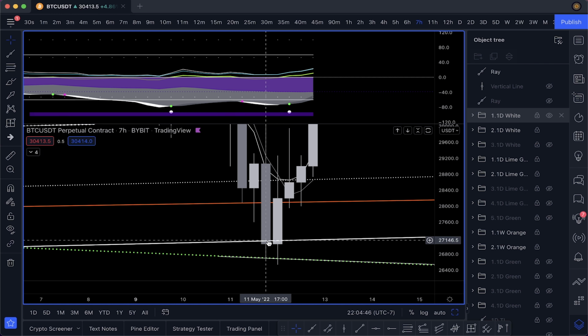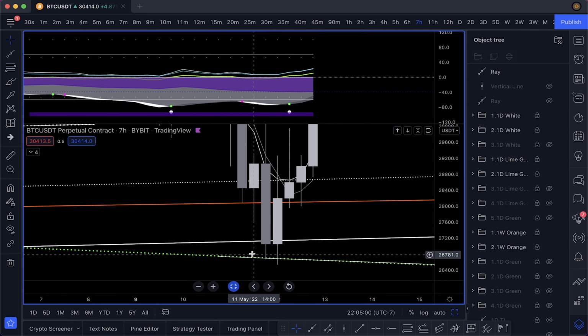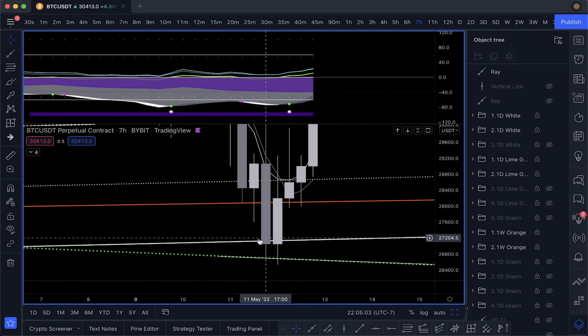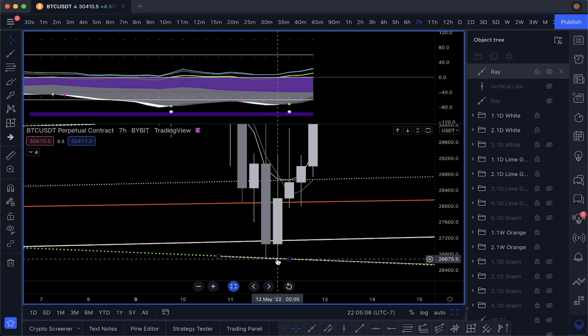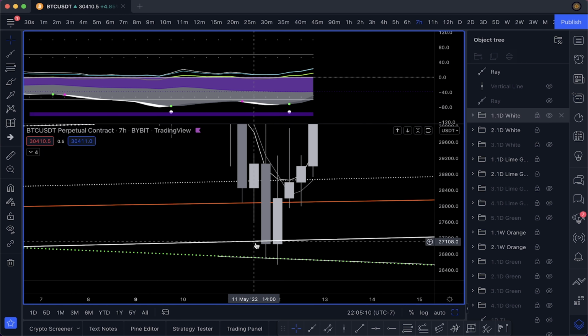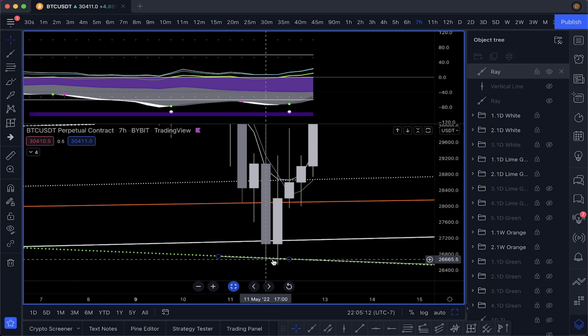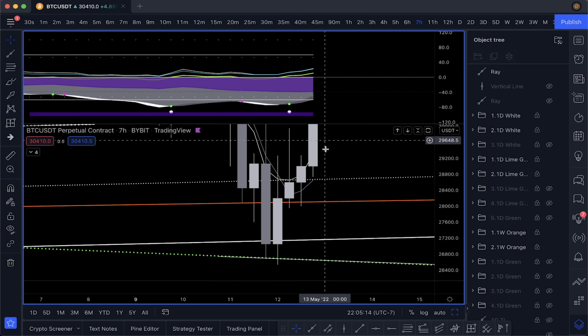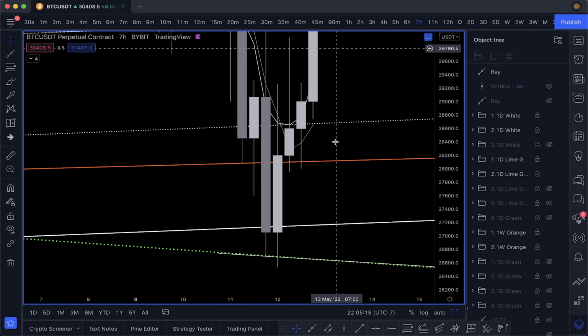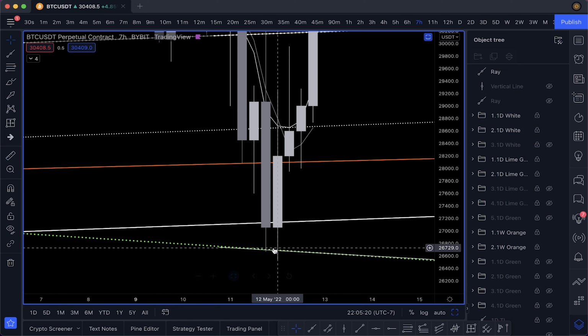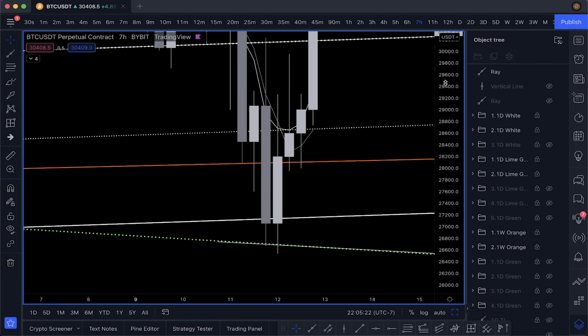Okay, this is actually your support. When two major channels are right next to each other like this, BTC usually will touch both of them to absorb all the liquidity and be able to get the pump that it wants. Okay, so this is why I set it on the lowest one.